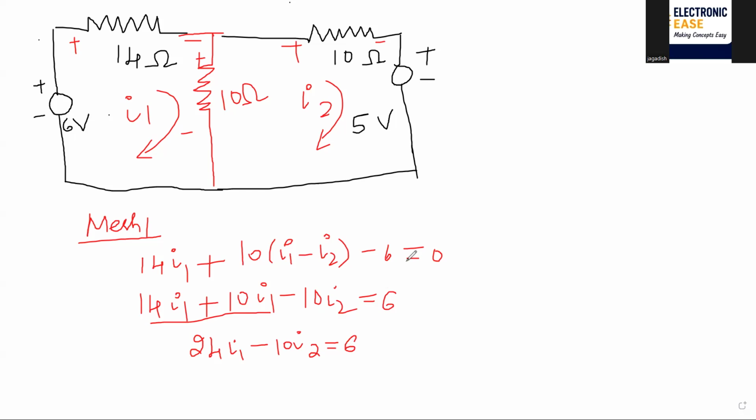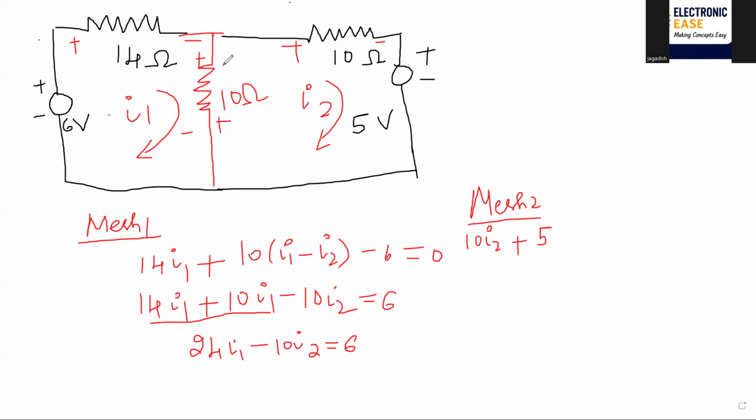So we will be doing it for mesh 2, children. For mesh 2, it is 10 I2, and it is already plus over here, plus 5. Now you need to take this as, so they have given plus and minus, children, here.